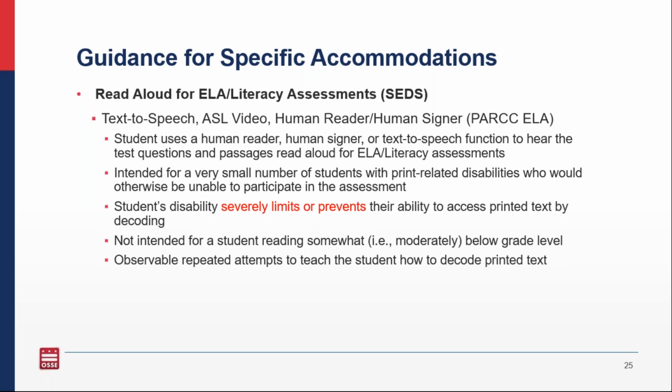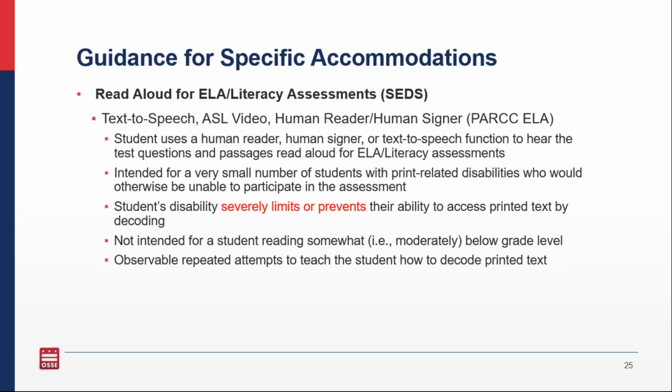It's also important to remember that before assigning this accommodation, you need to have supporting documentation in SEDS about students' inability to identify text or decode, and have some type of evidence to show the attempts made to teach the student how to decode printed text.